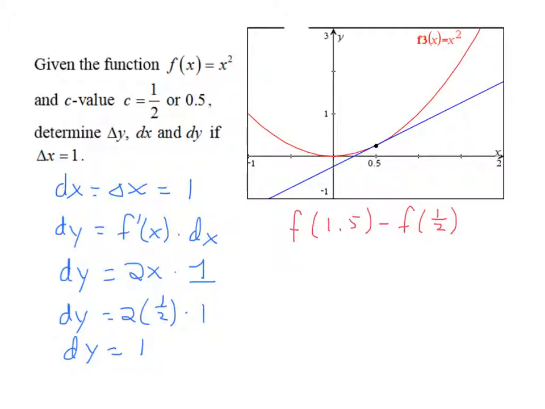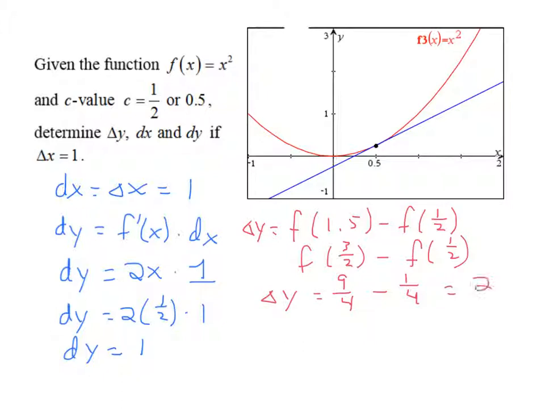That'd be f of 3/2 minus f of 1/2. So f of 3/2 is going to be 9/4, and f of 1/2 is 1/4. So it looks like we would get delta y. I never wrote delta y here. Delta y would just equal 8 over 4, or 2.